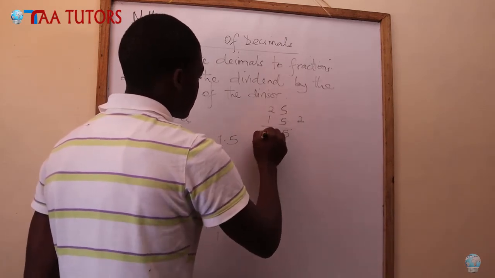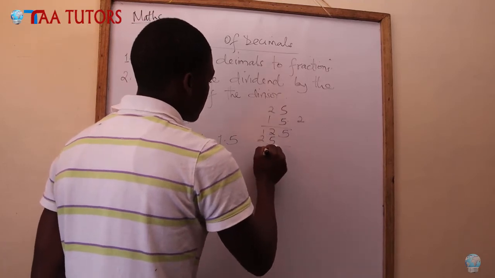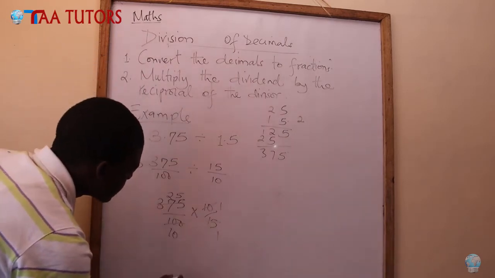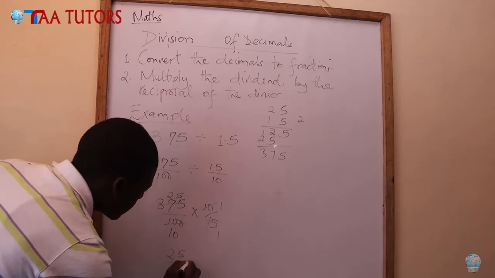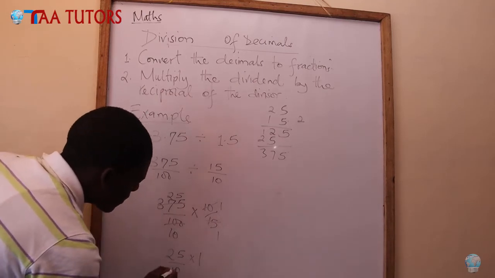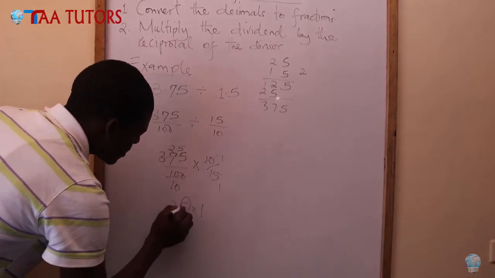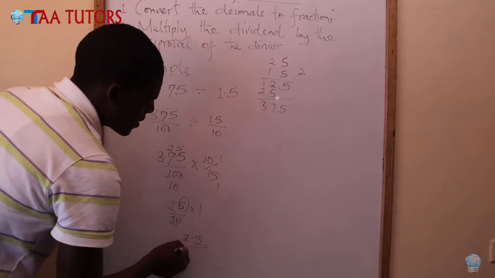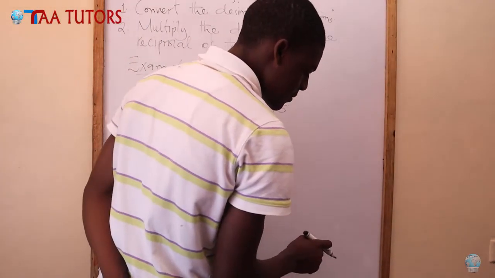Whatever we are getting as our answer is 25 over 10 times 1. When we divide this, we are going to get 2.5 as our answer. This one is now the final answer we are arriving at.